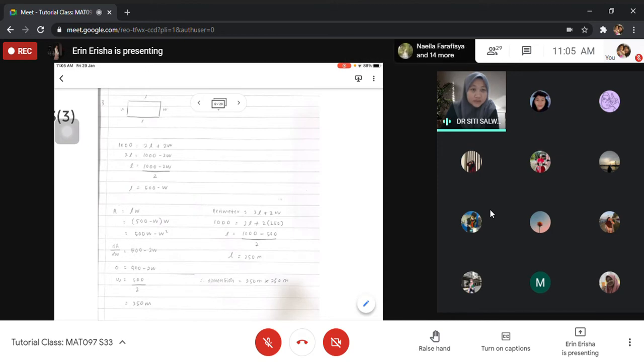Okay, so dia dapat, L side is 500 minus W. And then kita come out dengan area L times W, and then you substitute you punya L ni 500 minus W, and then kita differentiate area ni with respect to dia punya variable kat sini, which is W, dA/dW.